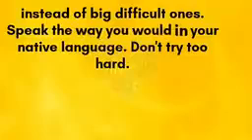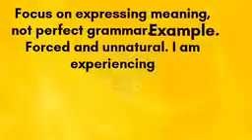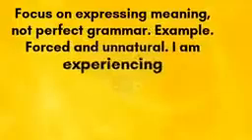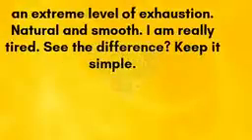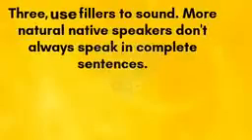Speak the way you would in your native language. Don't try too hard. Focus on expressing meaning, not perfect grammar. Example: forced and unnatural: I am experiencing an extreme level of exhaustion. Natural and smooth: I am really tired. See the difference? Keep it simple.